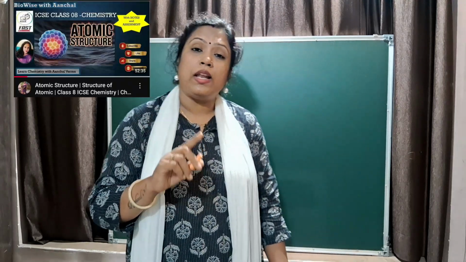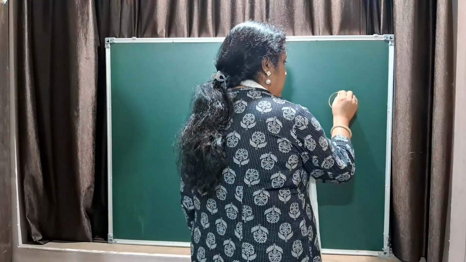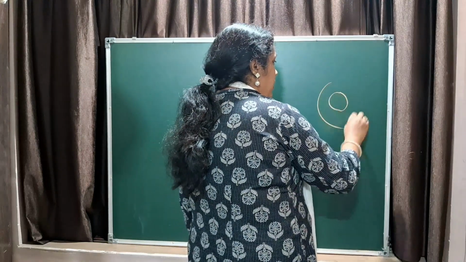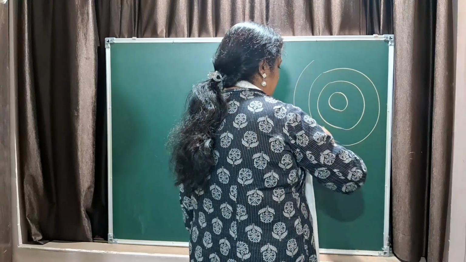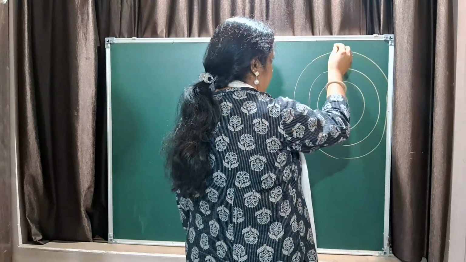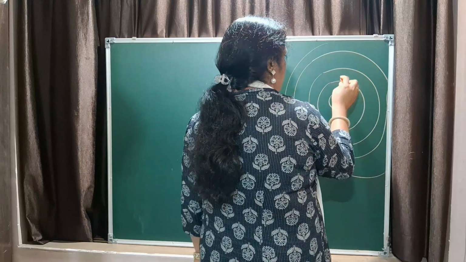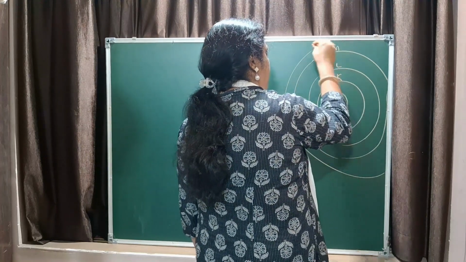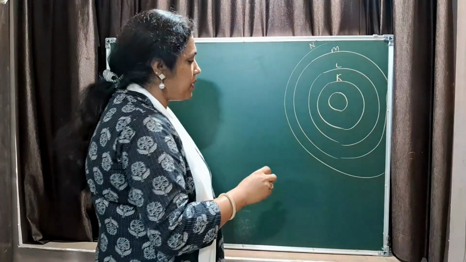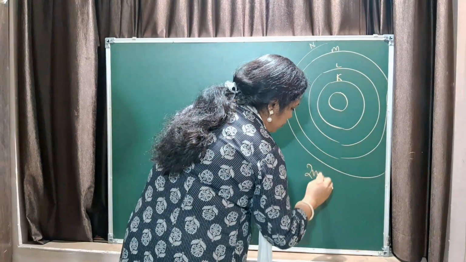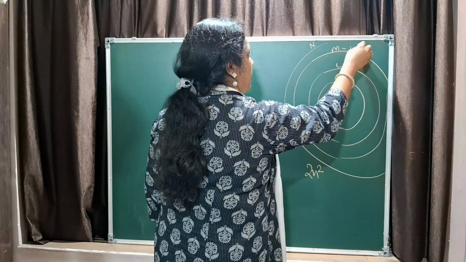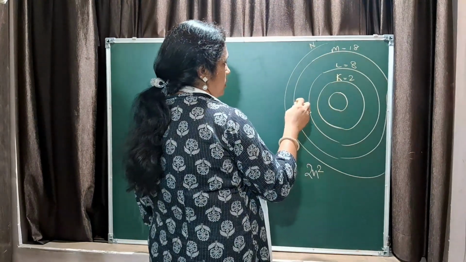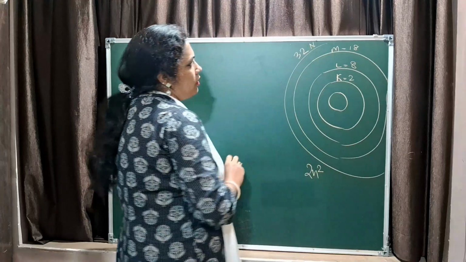Those who have seen the lecture on atomic structure know that every atom has a nucleus followed by shells: K shell, L shell, M and N. The number of electrons present in these is determined by the formula 2n square, where K can have 2, L can have 8, M 18 and N 32.